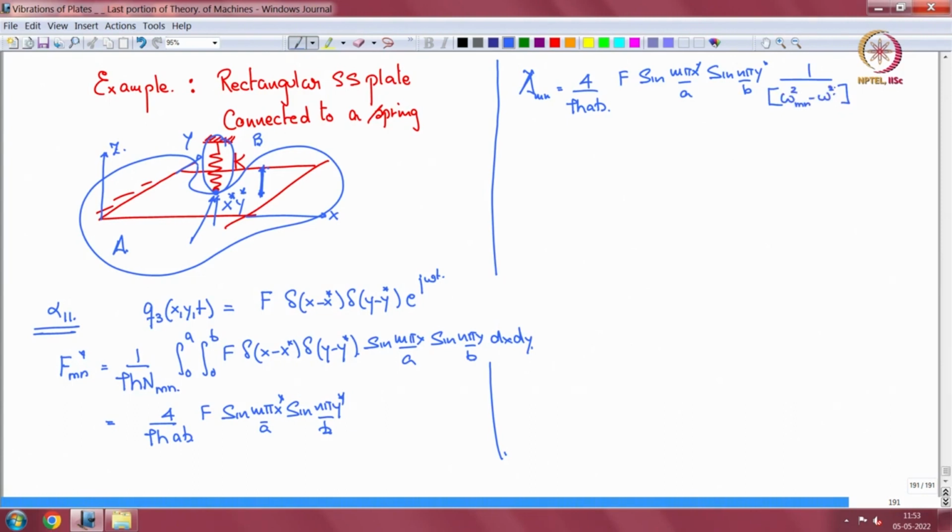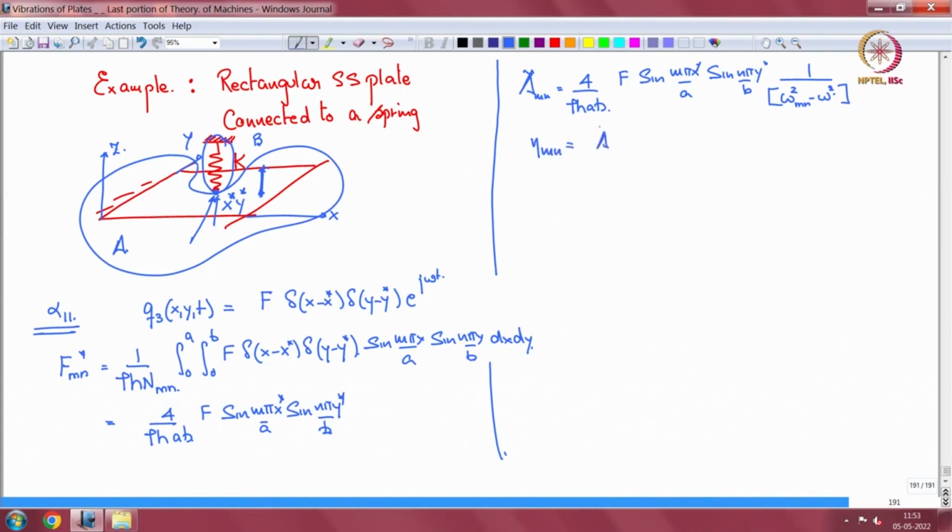We do not use damping here because we want mode shapes and resonances. We are not looking at responses, we are looking at deriving mode shapes and resonances. That is the objective. The rest is as before.